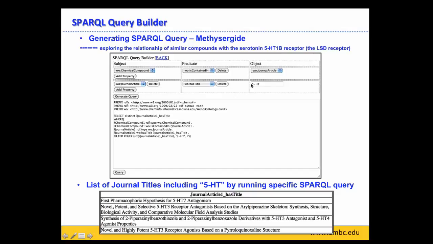We just put 5-HT to specify the genes maybe included in this journal article title. Then they can generate the SPARQL query and submit it, and they will be able to find the information from the chemogenomics explorer ontology.